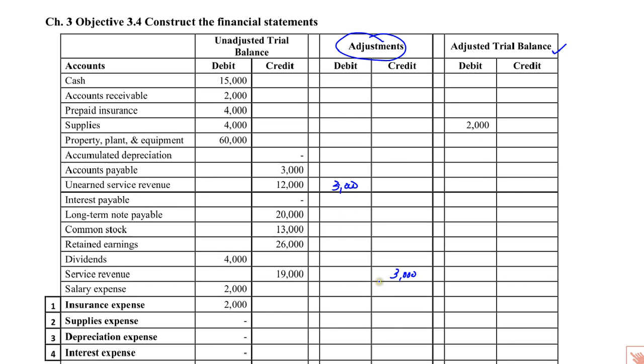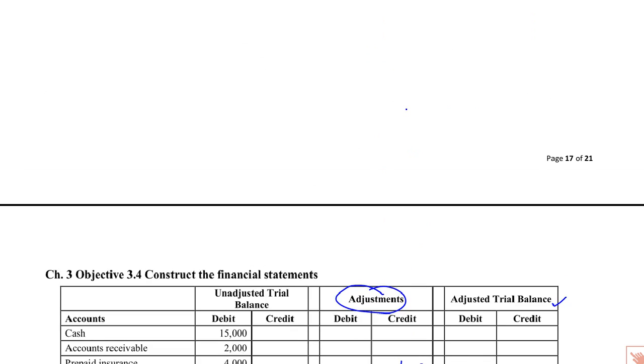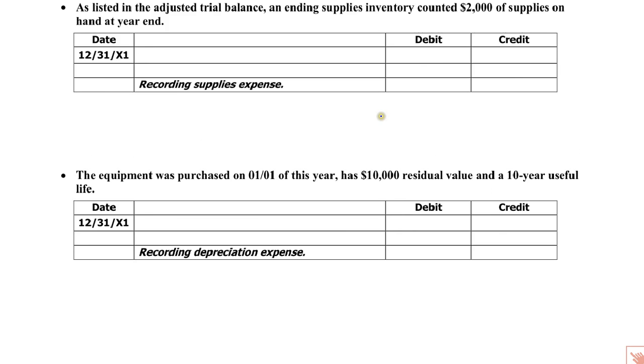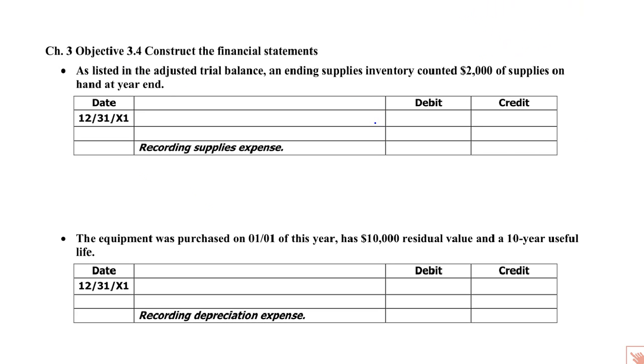This is going to take a while, but I'm walking you through it real slowly. So let's do the expense first, 1,000. And then we got to go up here to prepaid insurance, and expenses is a debit. Reduction in the prepaid insurance is a credit.